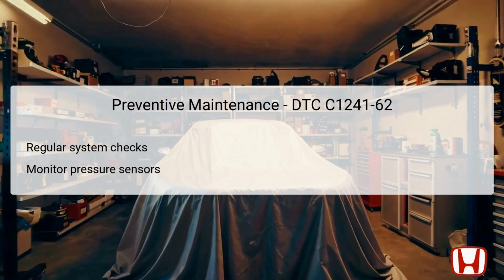Additionally, monitoring the performance of these sensors during routine diagnostic checks can help catch potential issues before they escalate into faults that affect driving safety. Keeping visual checks on these components for signs of wear, as well as ensuring electrical connections are secure, is also essential. By adopting a proactive maintenance approach, drivers can preserve their vehicle's brake system performance and safety.